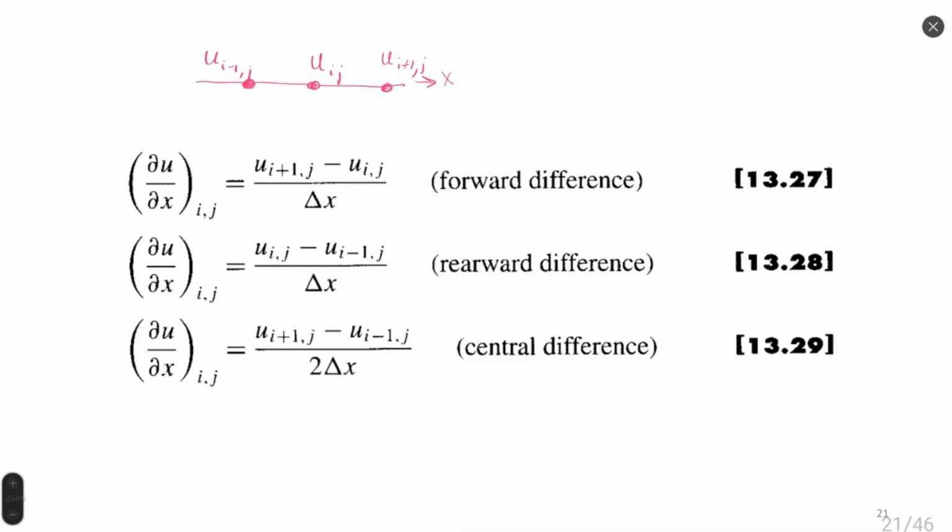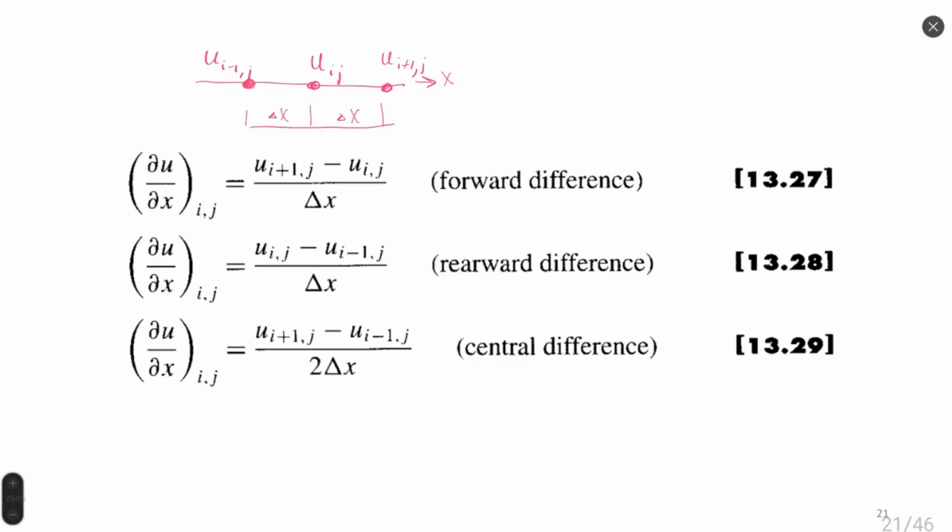They are written in the way you see here in these formulas. They are applied for constant distance between points, so it's everywhere delta x distance.